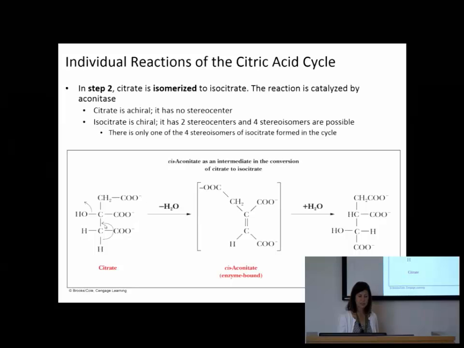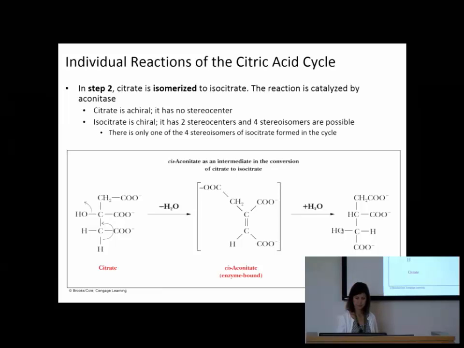But moving the alcohol from this carbon down to here, then this carbon and this carbon are chiral. So it only makes one of the four possible stereoisomers as the product, isocitrate.